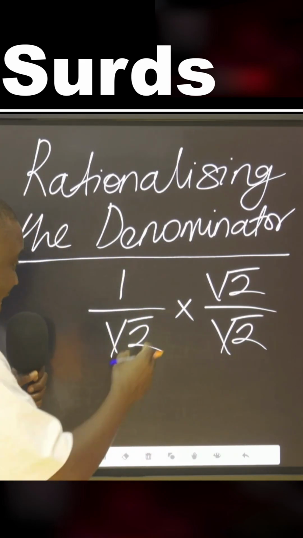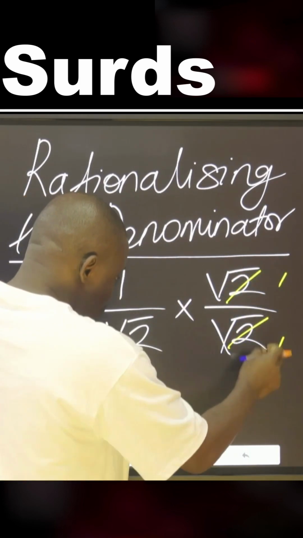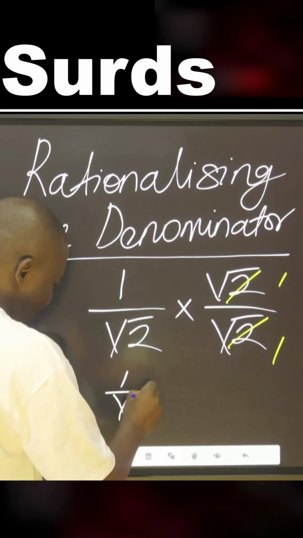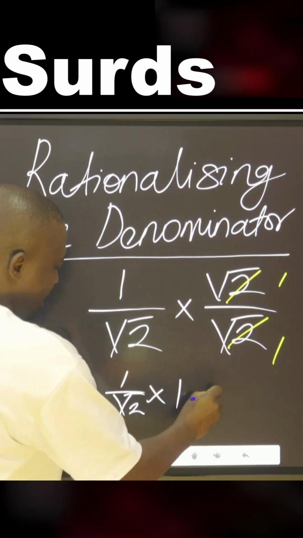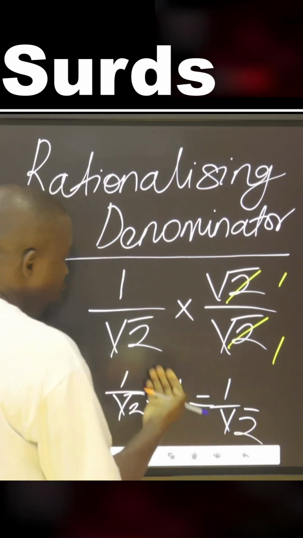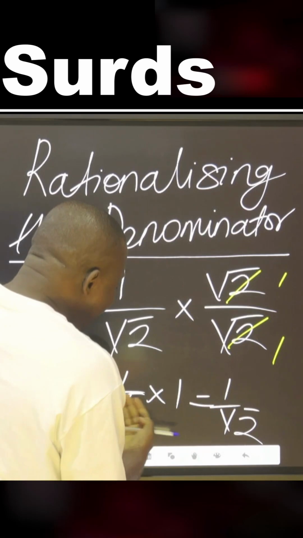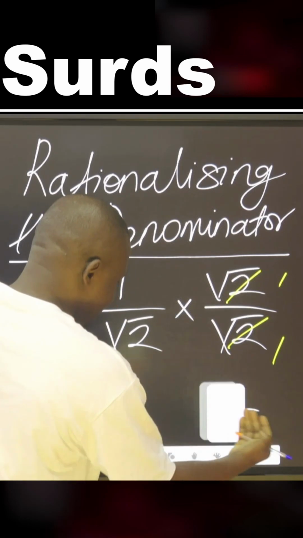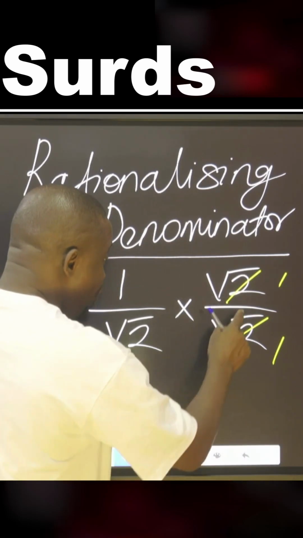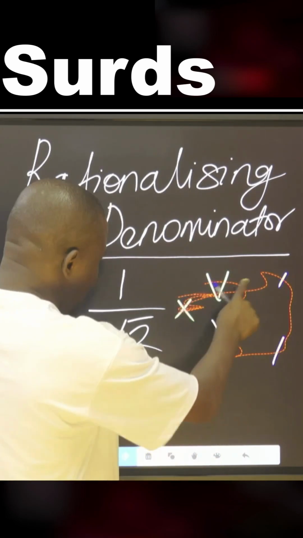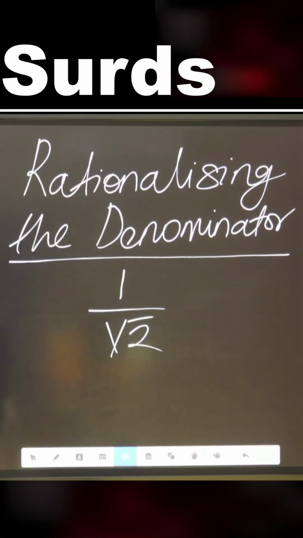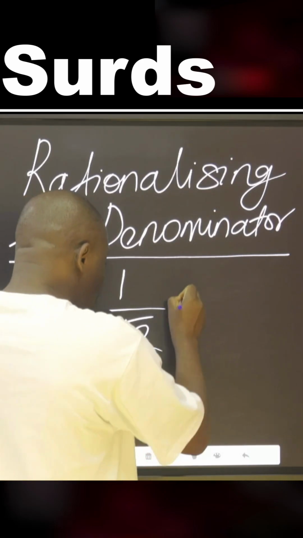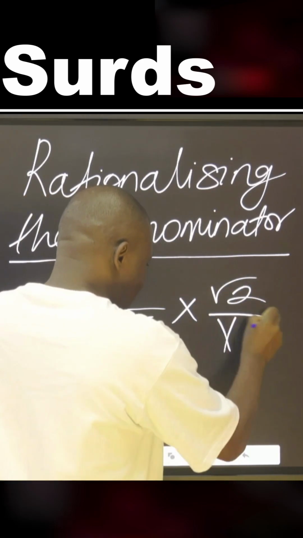That is to say, this here is 1. That is, this over this multiplied by 1 equals 1 over the square root of 2. So by putting this, I have not actually changed anything. So I'm not changing the original equation. Okay? So this will help me to rationalize the denominator.